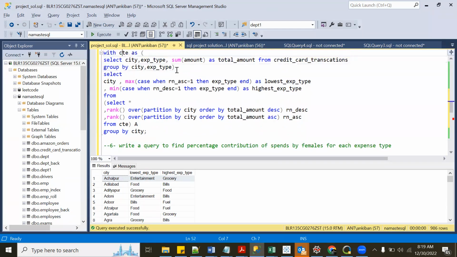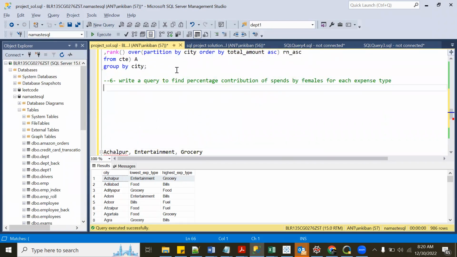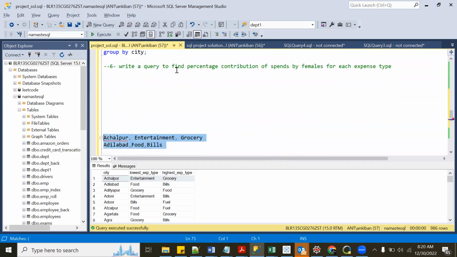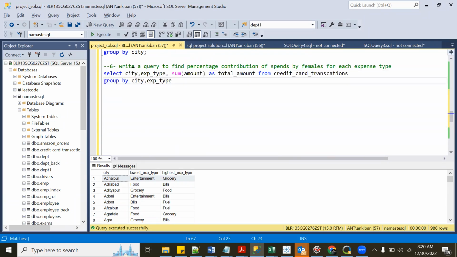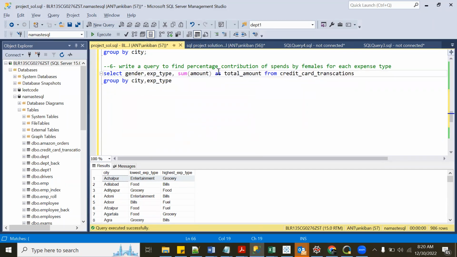So let me take this query quickly. Remove this. So we need female and expense type. So basically gender, expense type, sum of amount.